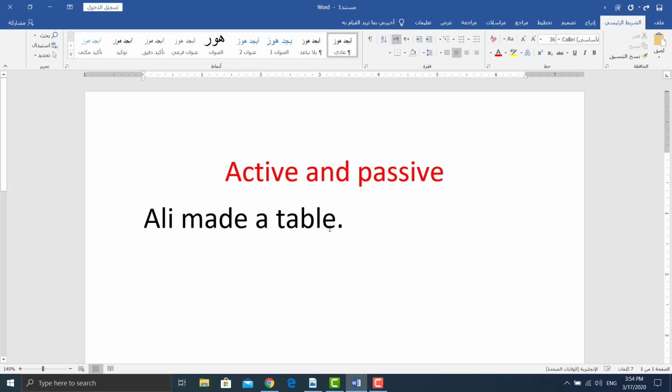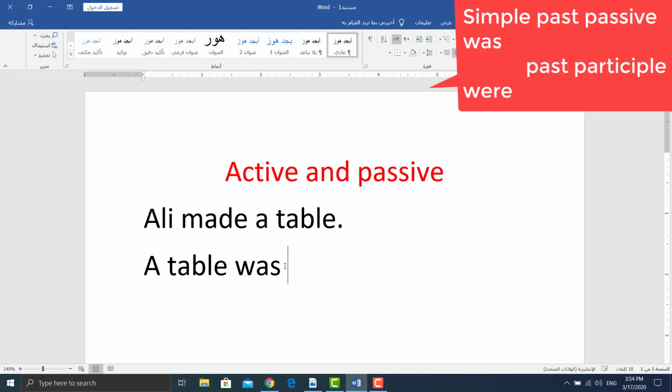Okay, in order to change this sentence from active into passive, we are going to do this.